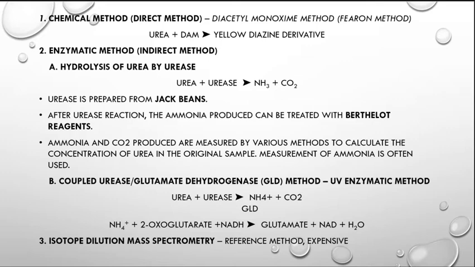One disadvantage aning IDMS, or your isotope dilution mass spectrometry, it is very expensive. So luoy kayo tong mga dili ka afford. Okay, so ang mga labs usual na gina-offer nila kay kanang enzymatic method.